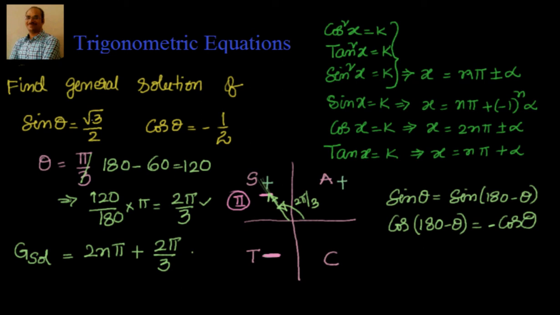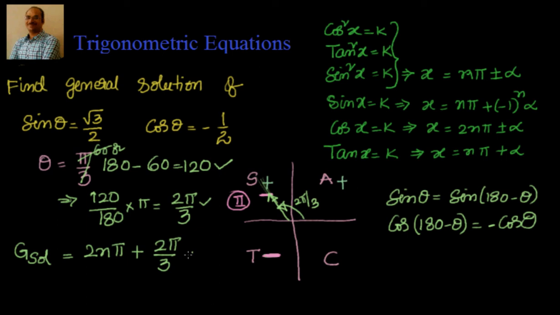Now, we know from the first equation that theta equal to 60 degrees or 120 degrees. But once we have checked, it should be in the second quadrant. 60 is ruled out, 120 is the solution. That means 2 pi by 3 radians is theta. Once we know that as the principal solution, we know that these are all periodic functions, so it will repeat for every 360 degrees or 2 pi the same value. So the general solution is 2n pi plus 2 pi by 3.